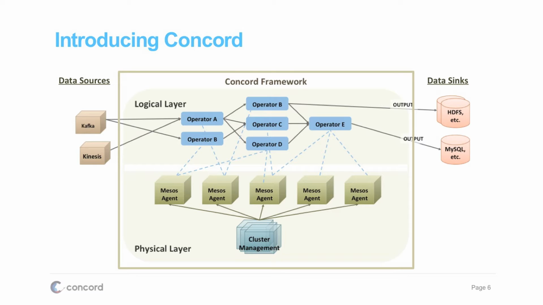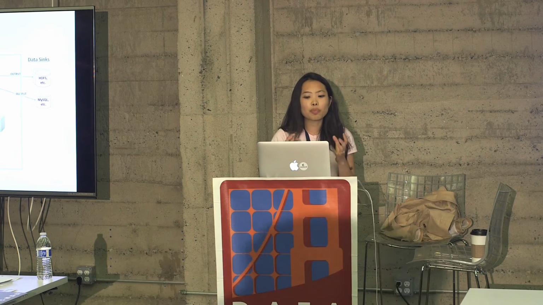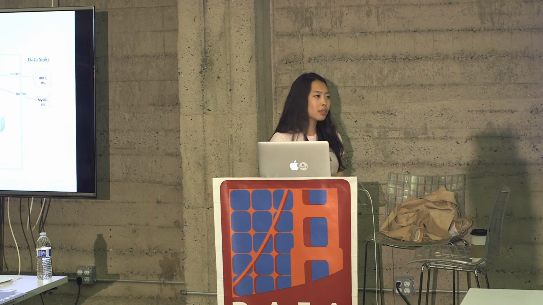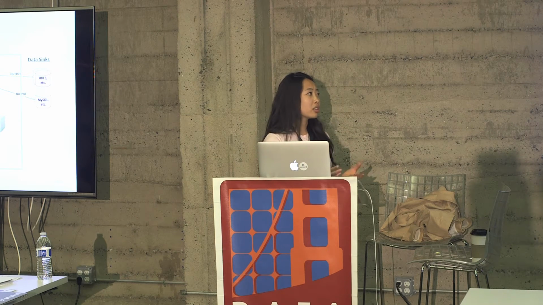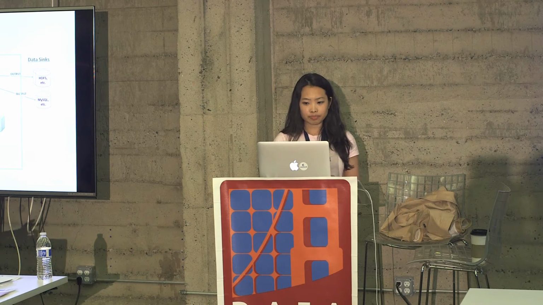And we see another world of Concorde in the physical layer: which operator to run on which machine, what needs to happen if one operator goes down, and how to replicate data inside. The physical layer is the part that Concorde automates and takes care of for you so that you can really focus on the logical layer of creating operators and managing that logic.